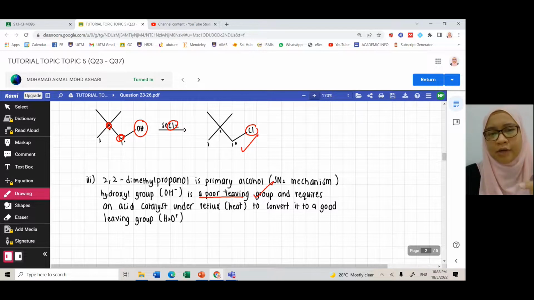But for a primary alcohol, you have to push the leaving group to leave first. Actually, not push it to leave.